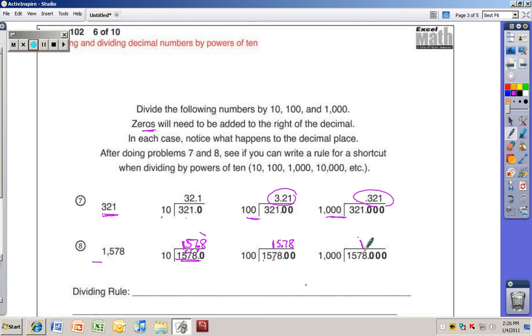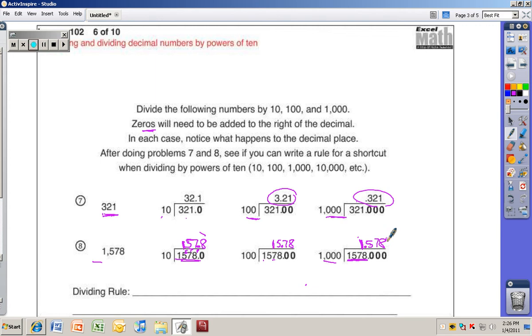There you go, because 1,000 goes into 1,578 one time. It's going to be like 1578, but you put the decimal point in a different spot. Okay, so can we make a rule for what's happening to the decimal point here?